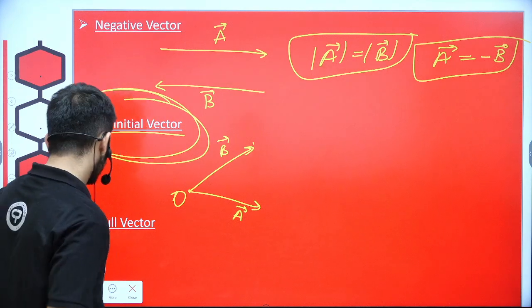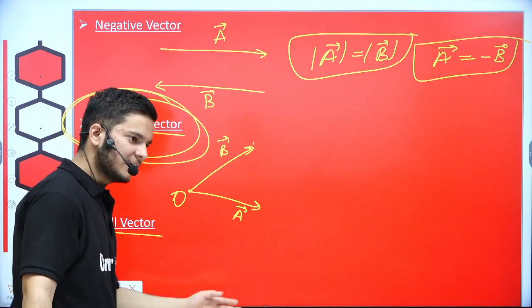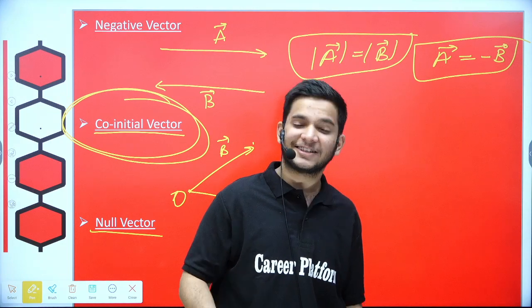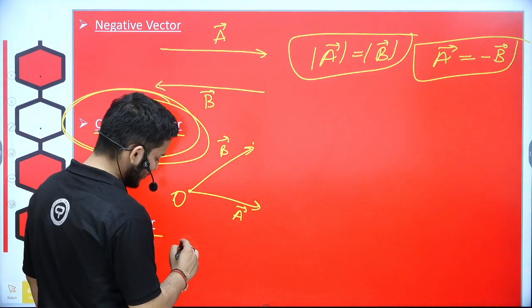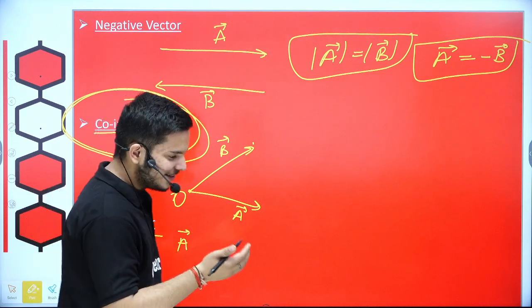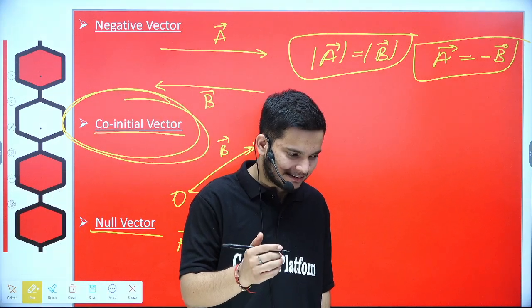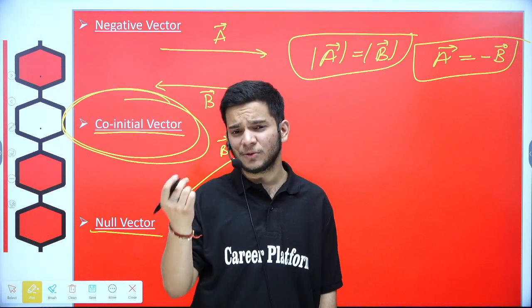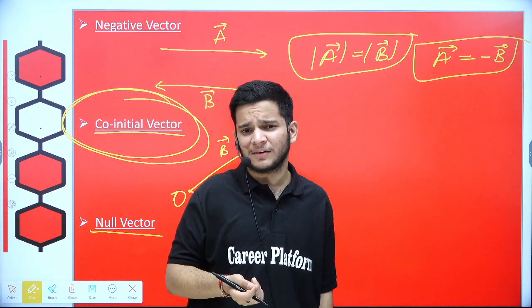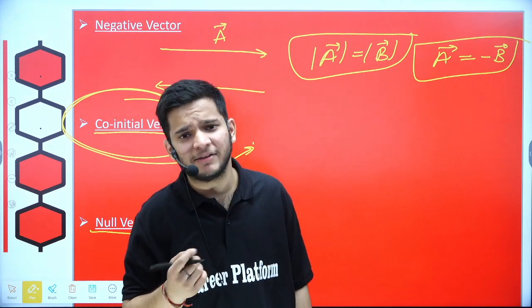Great. So null vectors. Null means empty, that is nothing. So what is a null vector? Suppose there is a vector A. If there does not exist any A vector, if it has no existence, what will happen? Does it have to have any value?